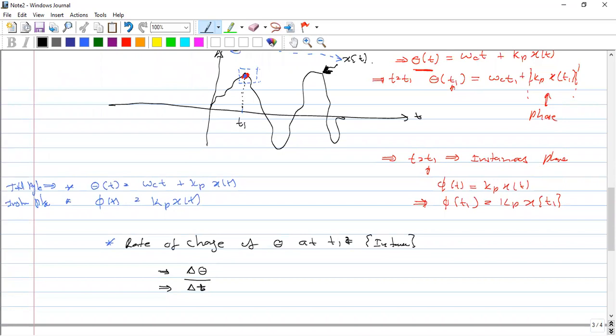But here it is arbitrary. This change is related to the message signal x(t), okay? So what you have to do to find this variation?